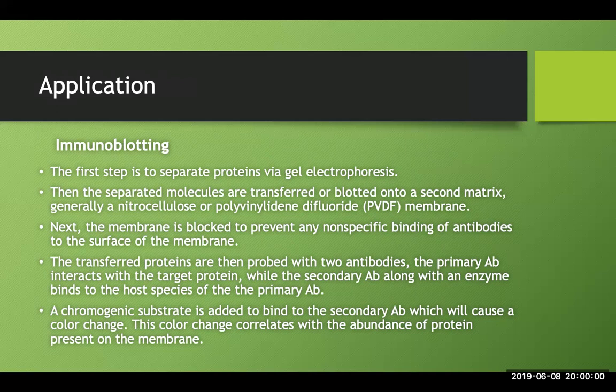The importance of the enzyme is that it binds to a chromogenic substrate that is added afterward, which causes a color change. This color change correlates with the protein, so when you see it, you can tell that the protein you're looking for was present in the membrane where it was transferred.